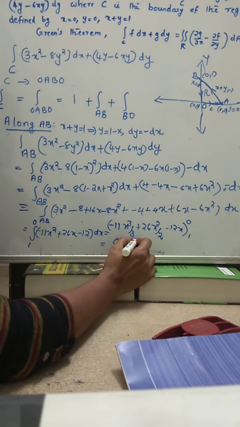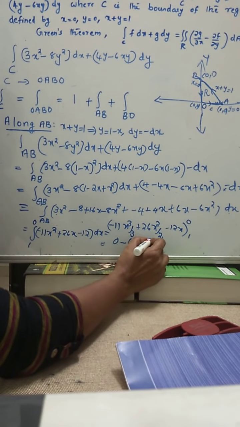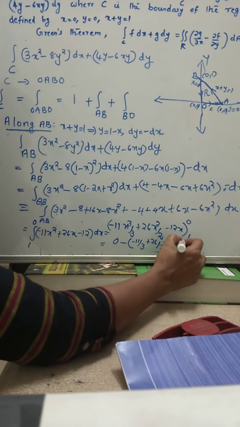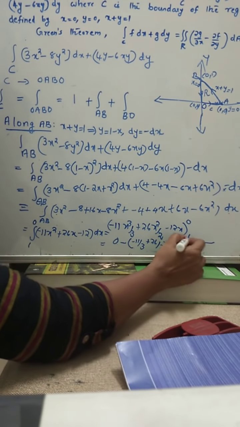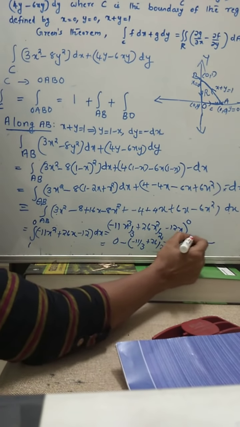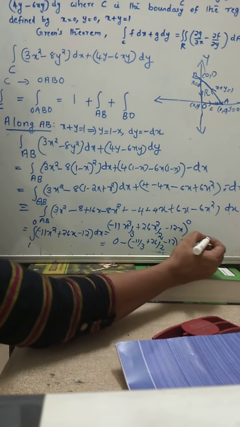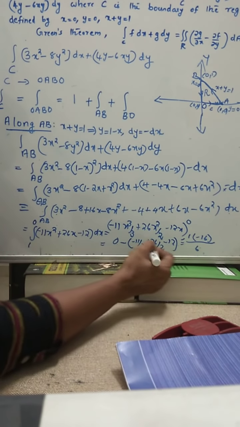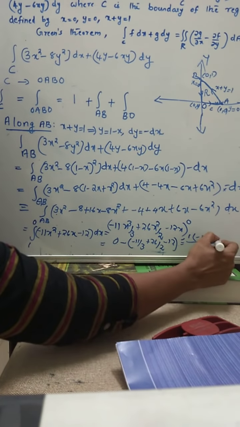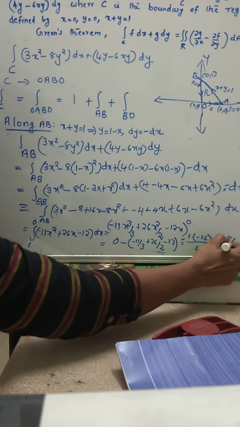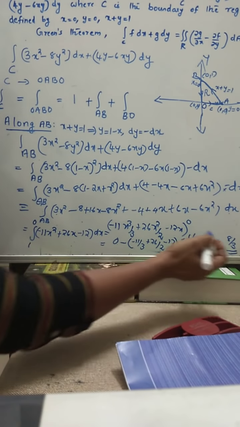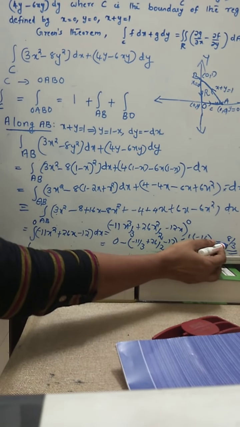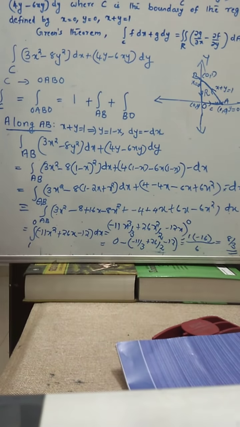For the lower limit you have −11/3 + 26/2 − 12. Taking the LCM, you get 6, and with the minus outside you get −16/6. I am just writing the simplified form as the space is less. So you will get the answer as 8/3, so the integral over AB of the function is 8/3.